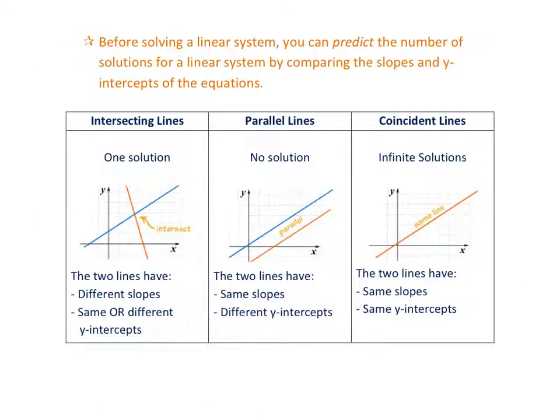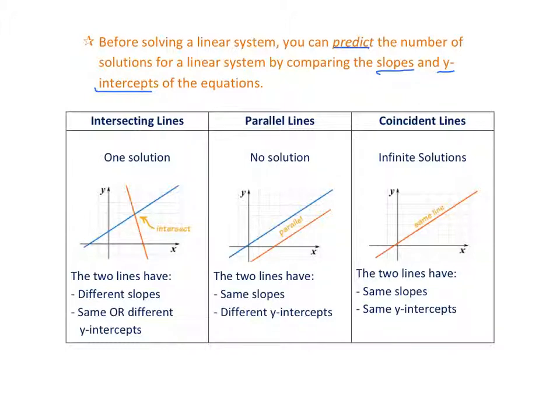Before we even solve a system of equations, we can actually predict the number of solutions that the linear system might have by comparing the slopes and the y-intercepts of the equations. We can predict if it has one, none, or an infinite number of solutions.